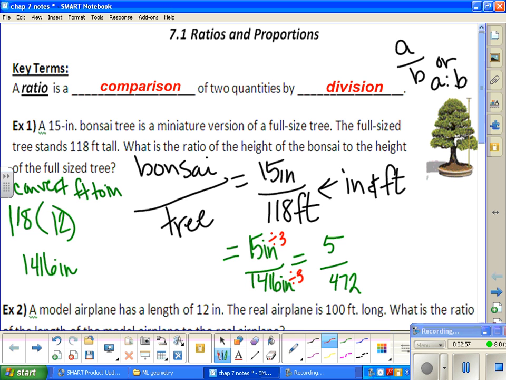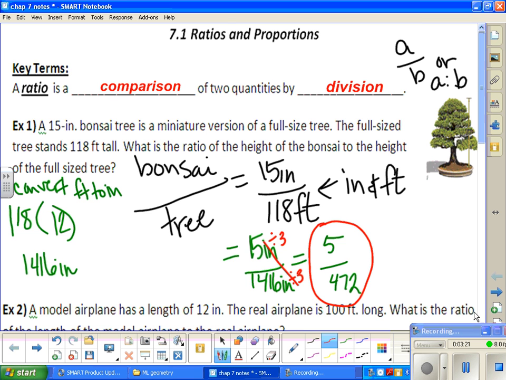You can plug this into your calculator as well and reduce it, and it'll give you the same answer. And you don't have to write the inches part. So your answer is the ratio of the bonsai to the full tree is 5 to 472. And this would be your answer right here.